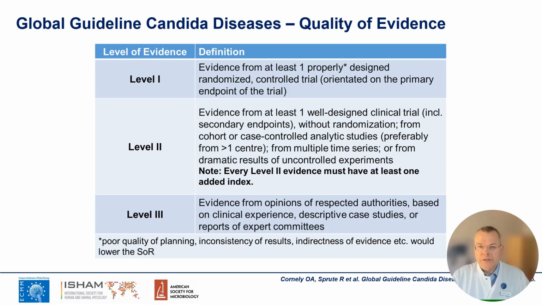Having explained what level 1 is and what level 3 is, basically level 2 is everything in between these 2 extremes. And because it's such a mixed box, what we need is an additional small, 1 letter or so that gives us some information on where in that box the evidence really comes from.